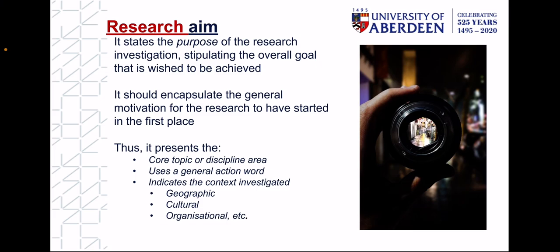Your research aim must encapsulate the general motivation, your general intention, that you had in mind when you started the research or when you intended to start the research. And it must provide the purpose of the research, stipulating the overall goal that you wish to achieve. The research aim presents the core topic, uses a general action word, and indicates the context: geographic context, cultural context, organizational context.